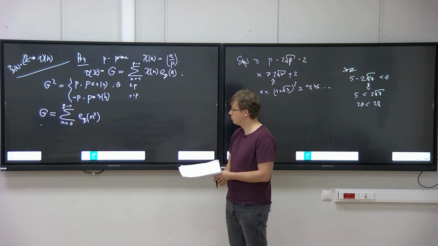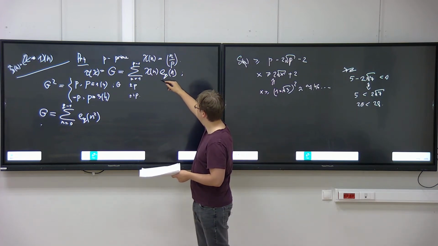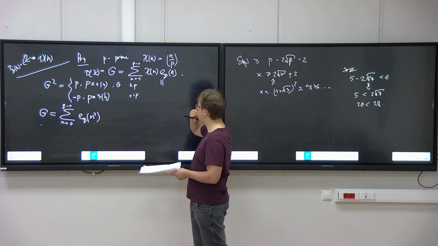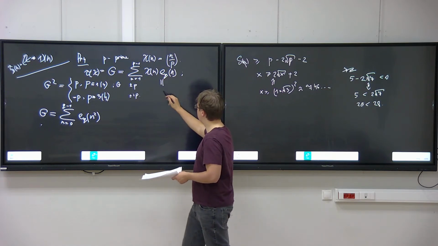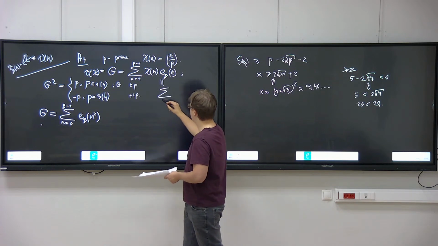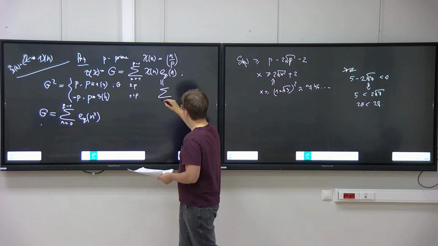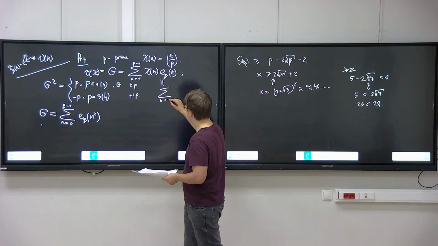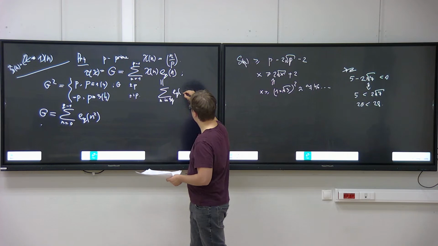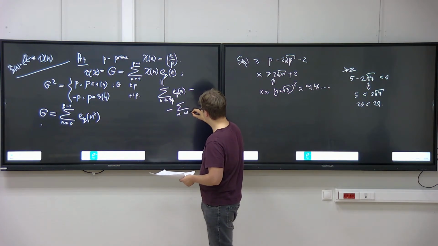Or it's going to be 0 for all n. Yes, because this is 1 or minus 1 if n is a residue or non-residue. So let us write it as sum over n, quadratic residue, minus sum over n, non-residue.